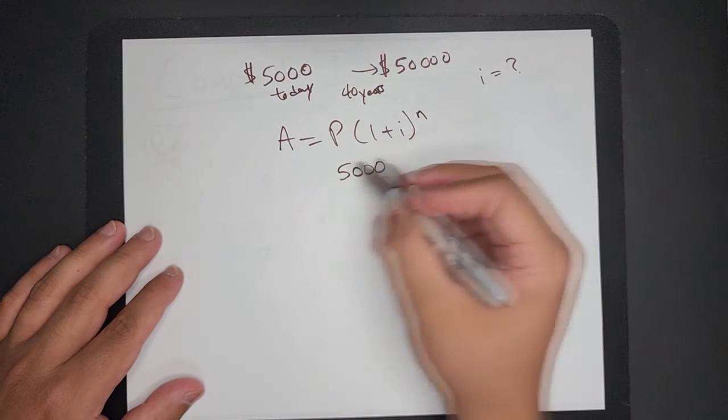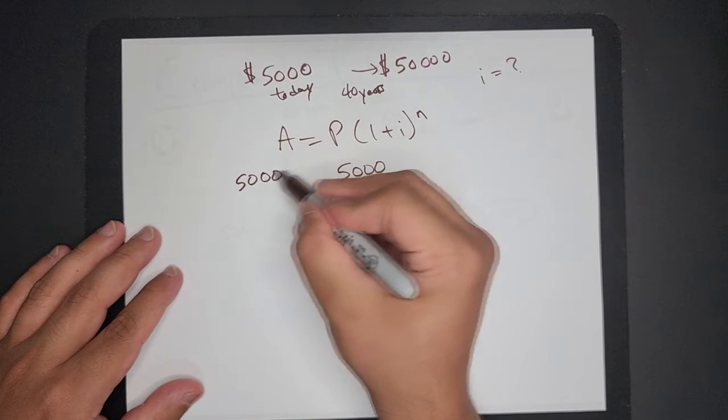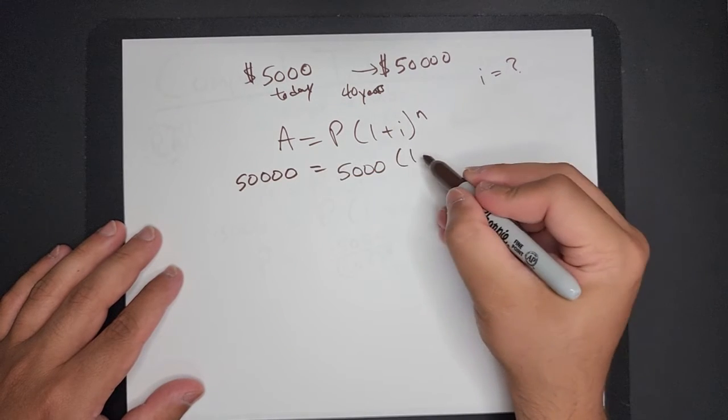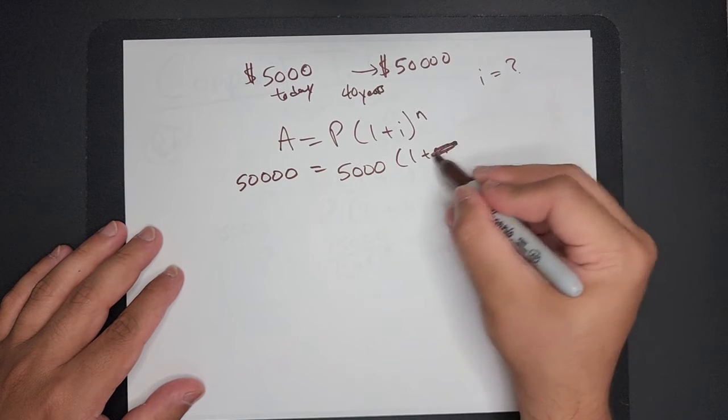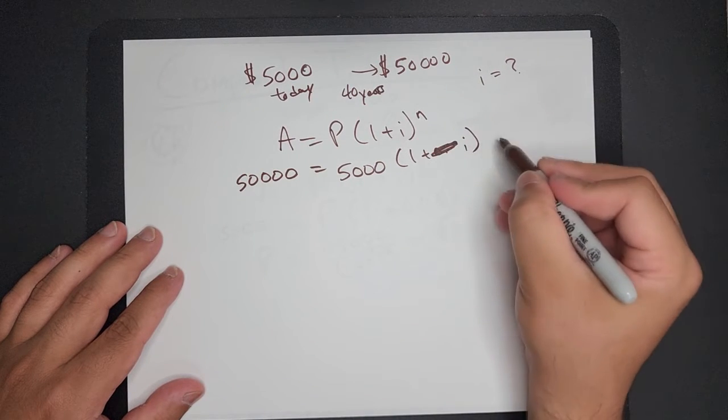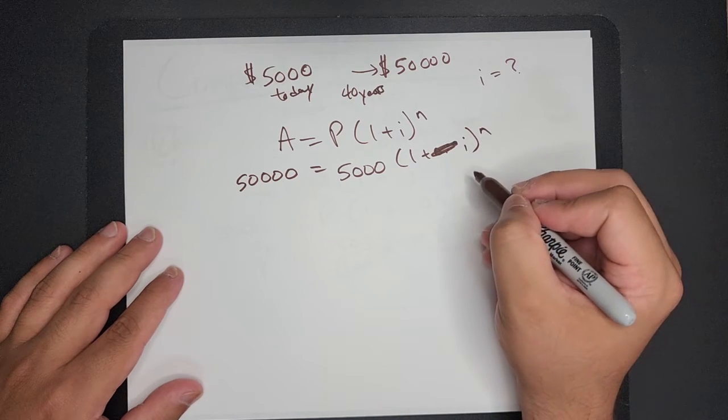We should have $50,000, that's equal to 5,000 times 1 plus I to the power of n.